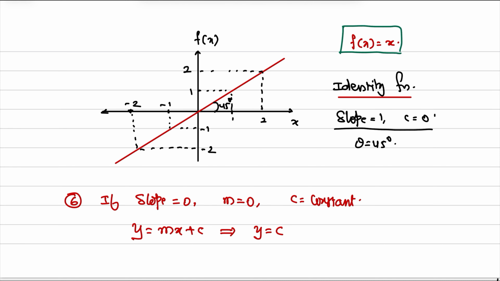That implies function x is equal to some constant c, irrespective of the value of x. That means it will be parallel. Please try to understand why I have taken y is equal to mx plus c first and am explaining this, so that from y is equal to mx plus c, you can derive all this from intuition.